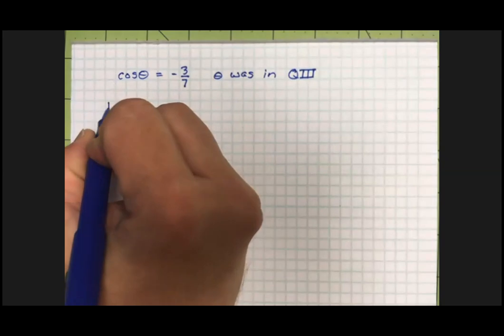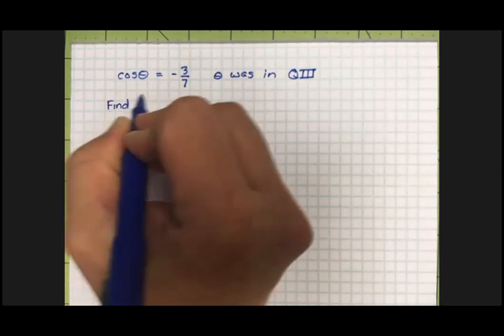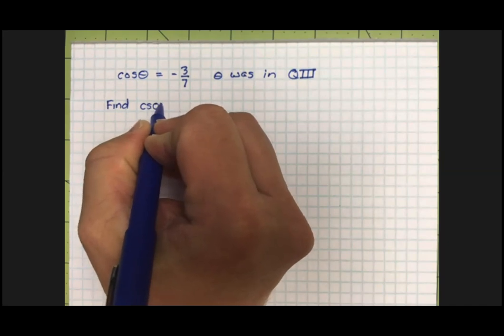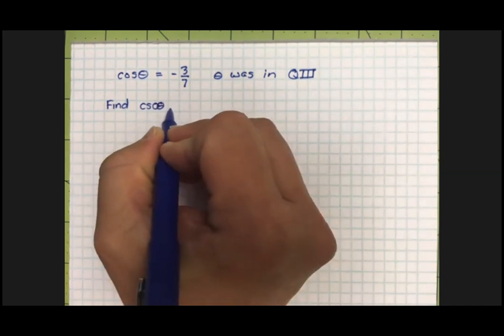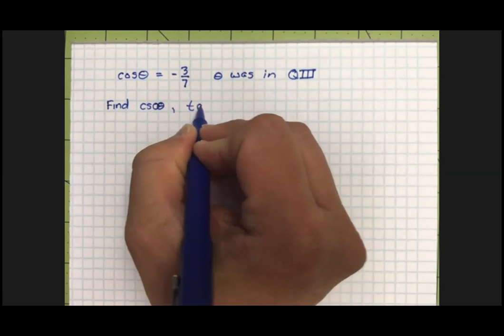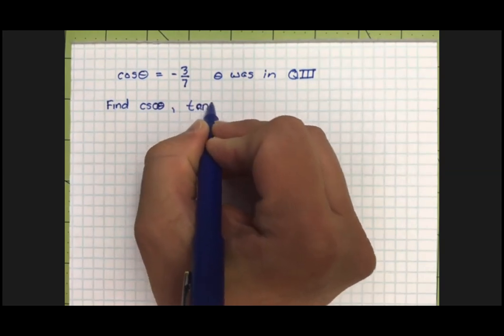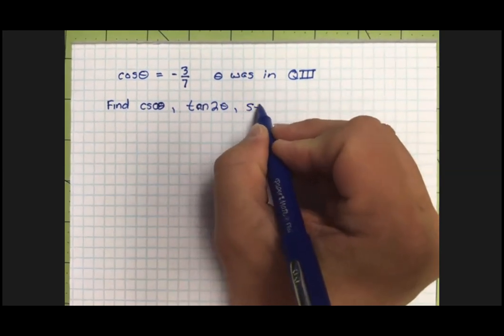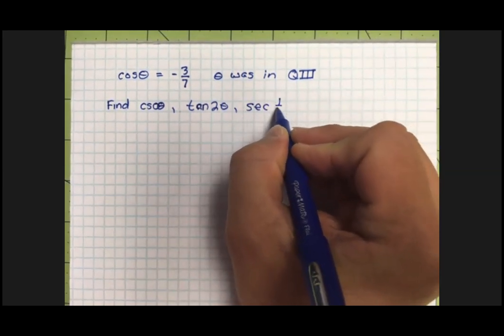Let's try it. Cosecant of theta, the tangent of 2 theta, and the secant of 1/2 theta.